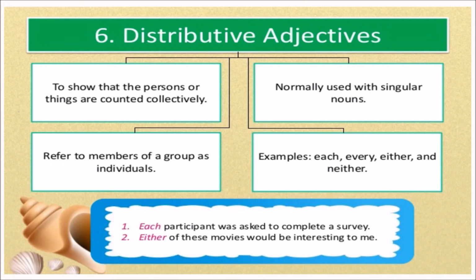Examples: each, every, either and neither. Example sentences: each participant was asked to complete a survey. Either of these movies would be interesting to me. Here, each and either are distributive adjectives.